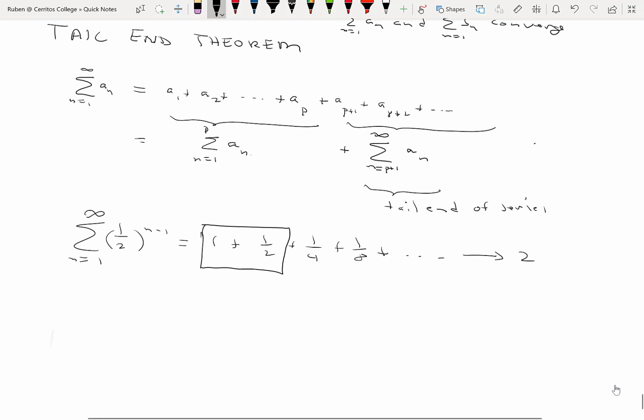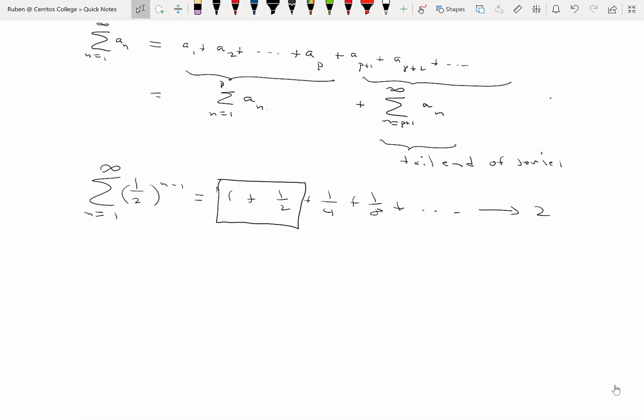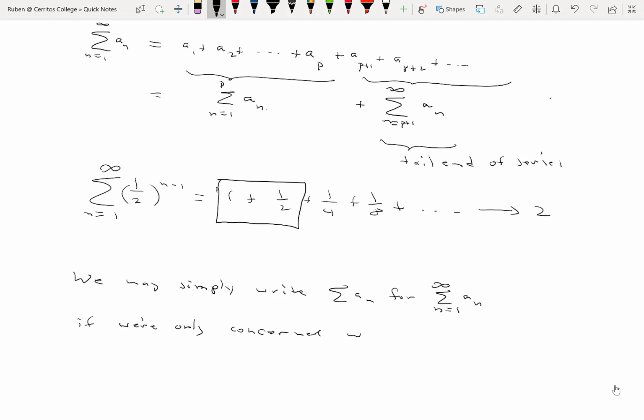Okay, so for that reason, when we're considering series and we're not interested in the value of the series in the case of convergence, we may simply write for series the sum a sub n, for the sum n goes from 1 to infinity, or 2 to infinity, or 3 to infinity, if we're only concerned with whether a series converges or diverges.